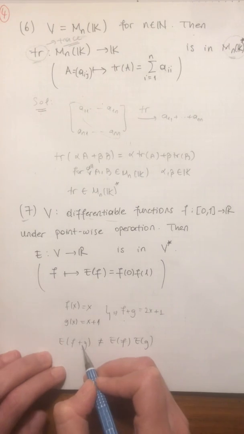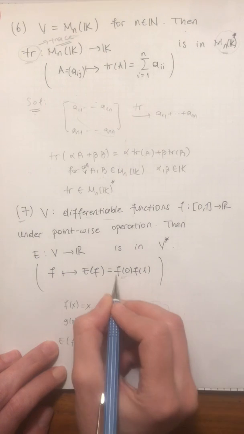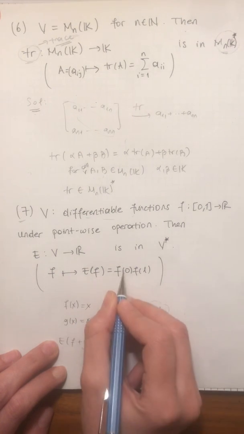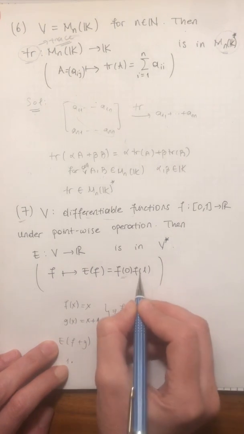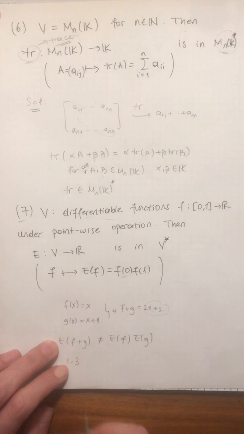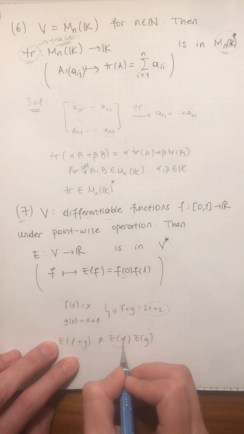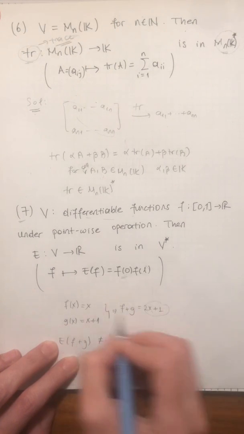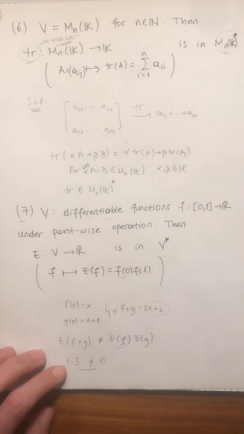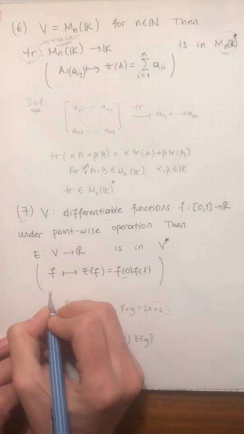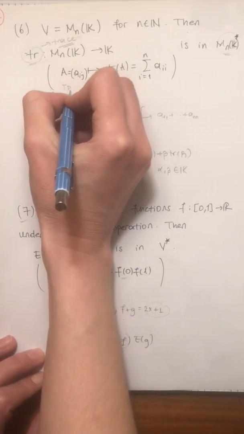Yes, this is true because the image of f plus g is going to be 2 times 0 plus 1 times, when we evaluate at 1, we obtain 3. But on the other hand, when we evaluate f and g separately, we see that the right hand side is going to be 0 and they are not equal to each other, so this statement is false. And yes, this statement is true.